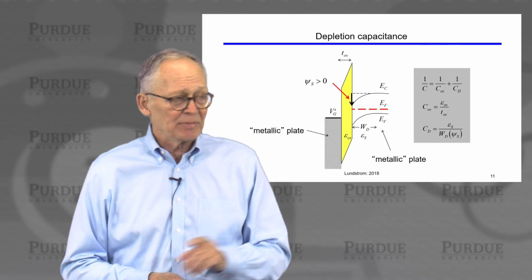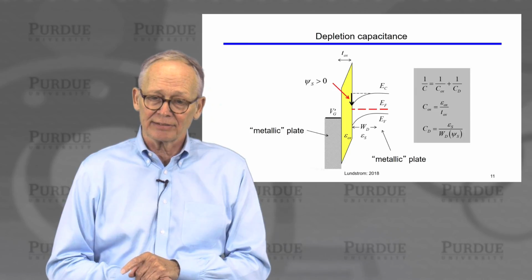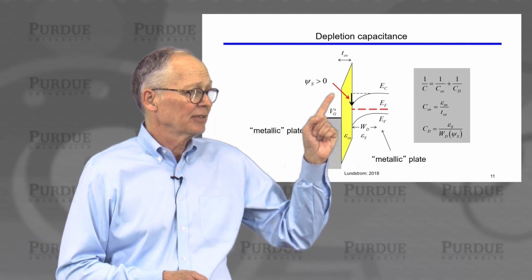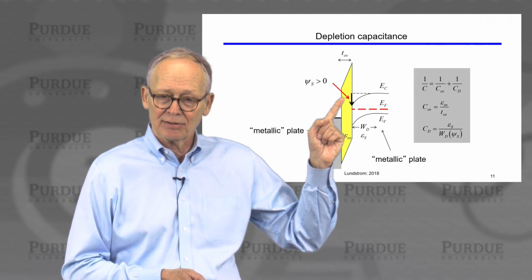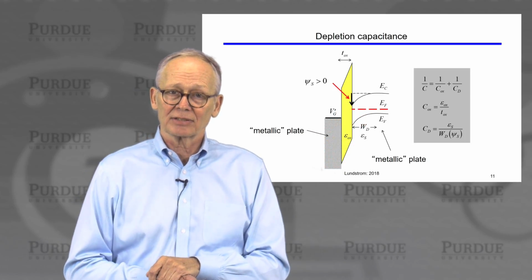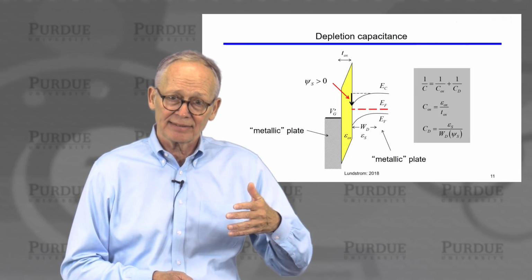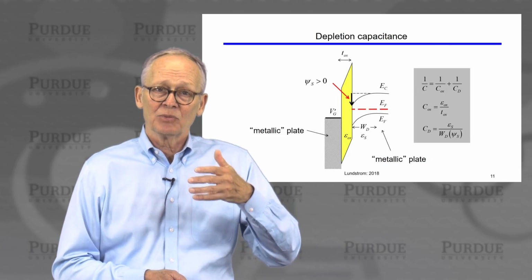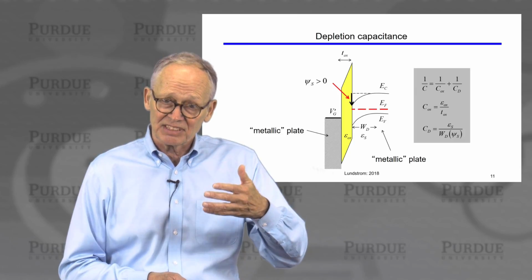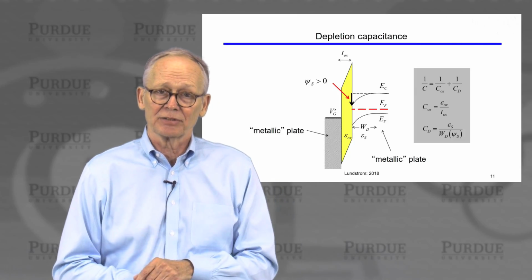Okay. So that means that the capacitance of this system is going to be two capacitors in series. The first capacitor is that due to the oxide itself, and the second capacitor is due to the semiconductor. So the first one is the dielectric constant of the oxide divided by the thickness of the oxide. The second one is the dielectric constant of silicon divided by the thickness of that layer, which is the depletion layer thickness.